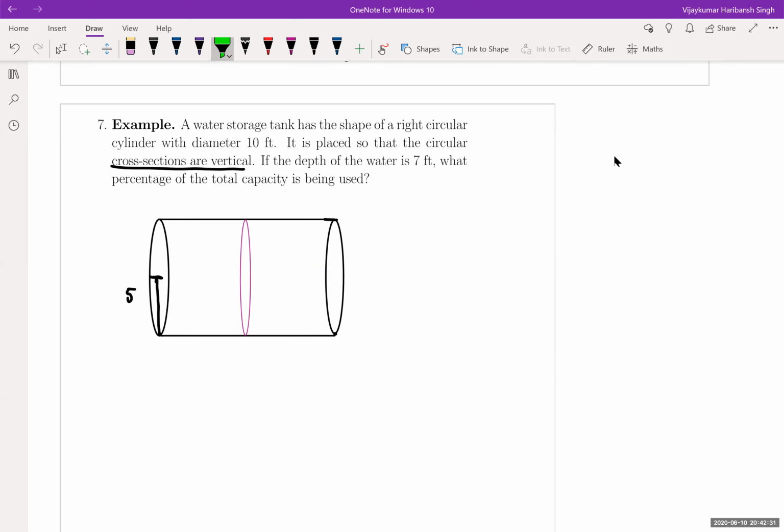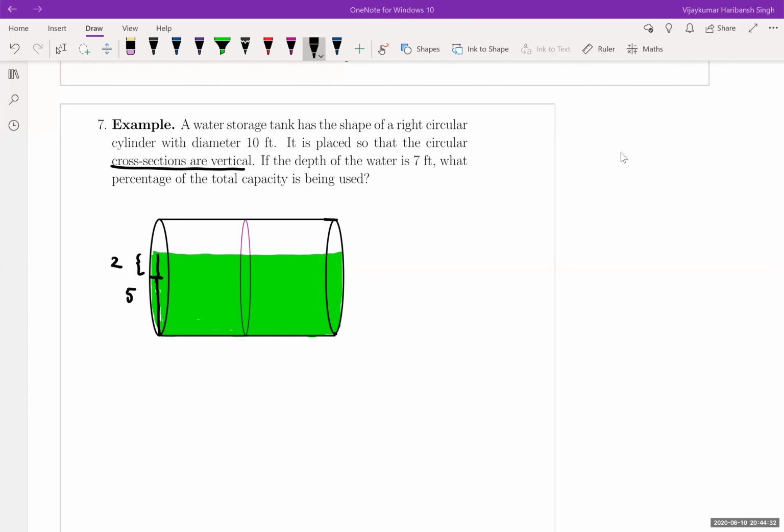So the depth of the water is 7 feet, so you will have 2 more, right? So this is 2, and the depth of the water is 7. The height of the cylinder is not known to us, right?